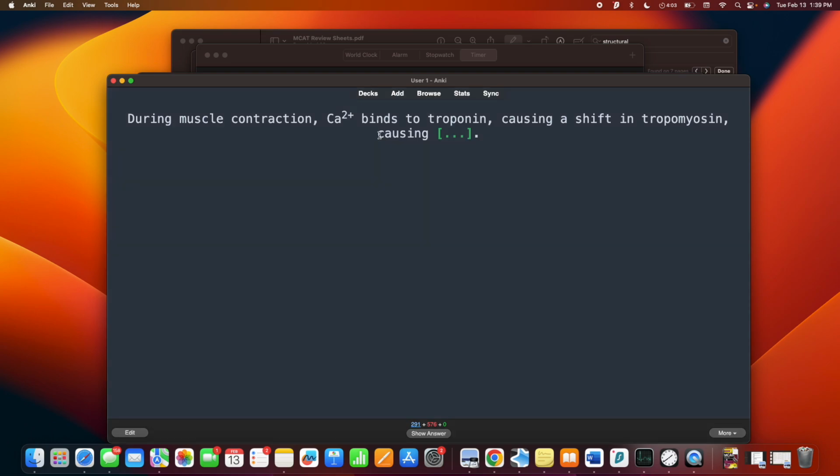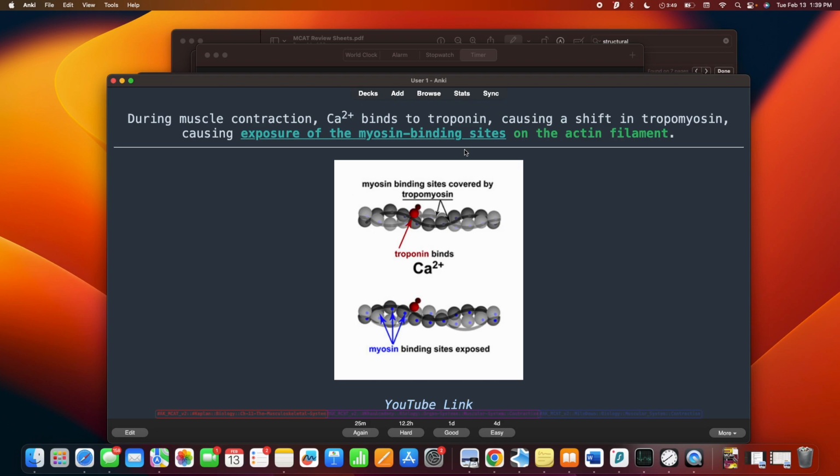During muscle contraction, Ca2+ binds to troponin, causing a shift in tropomyosin, causing the attachment of the myosin head to the myosin binding sites on the actin filament.